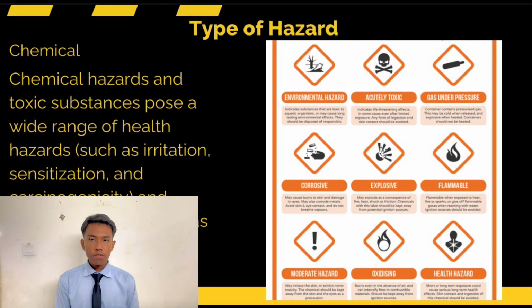The examples of chemical hazard are environmental hazard, acutely toxic, gas under pressure, corrosive, explosive and flammable. Other than that are moderate hazard, oxidizing and health hazard.